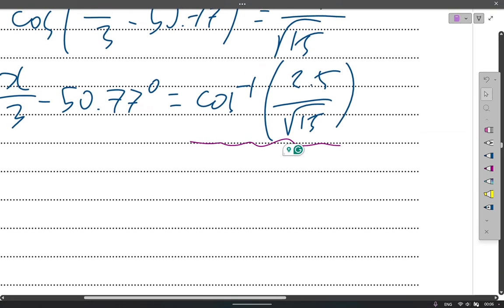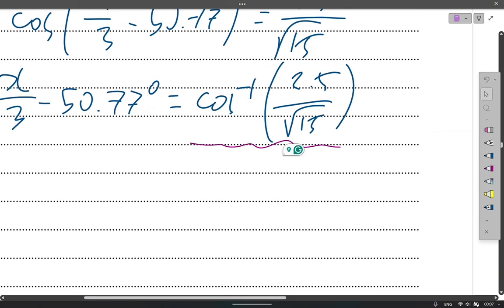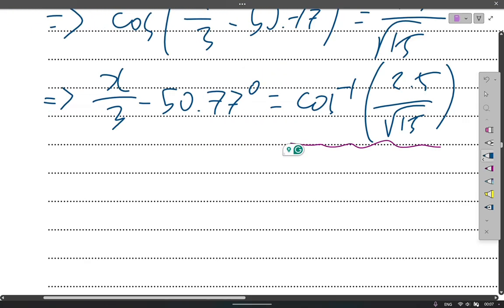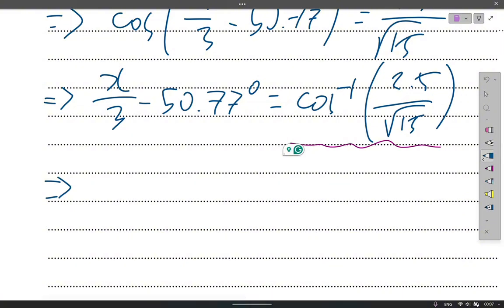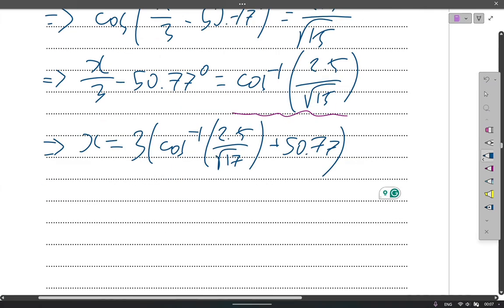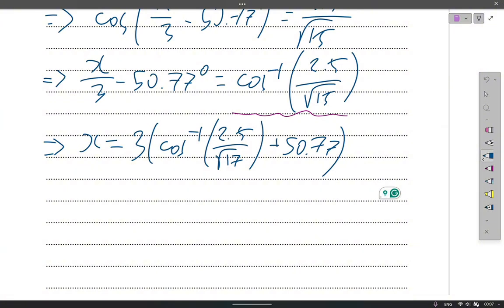So we have to consider both plus and minus versions. First, I think we have to just solve for x at the first. So here we have to get our value from here first.